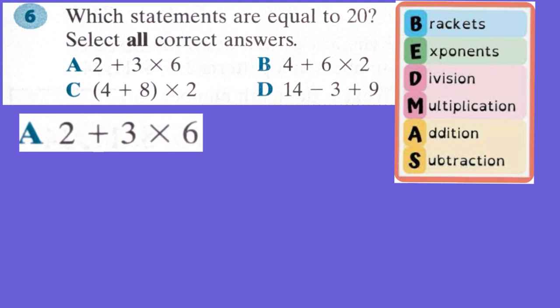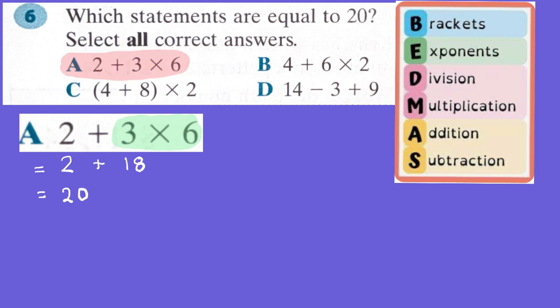So therefore we need to do the multiplication first. So if we do the multiplication first, we do 3 times 6. That means we have 2 plus 18, and 2 plus 18 is 20. And that means that this answer is correct.